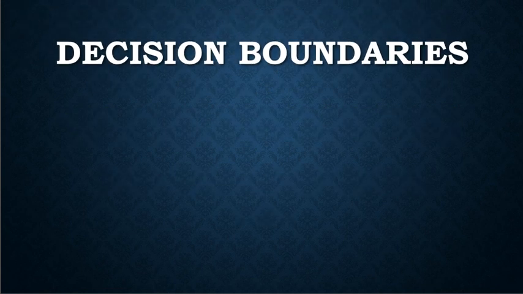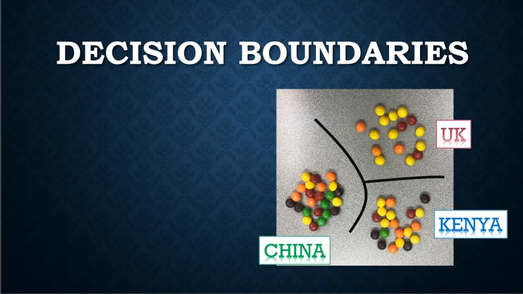First, we need to know what decision boundaries are. Our previous Skittles example showed three classes, China, UK, and Kenya, in a two-dimensional space. Documents are shown as Skittles. The boundaries in this example, which we call decision boundaries, are chosen to separate the three classes.